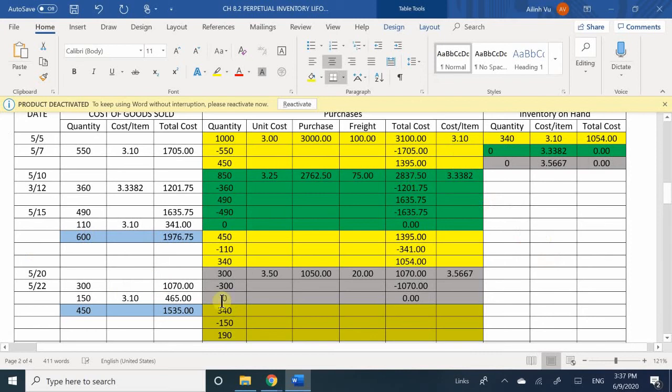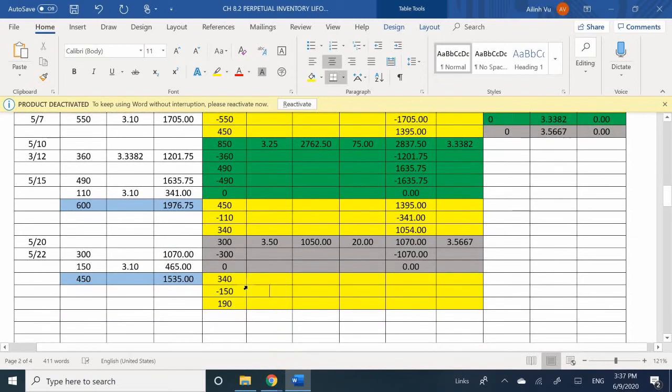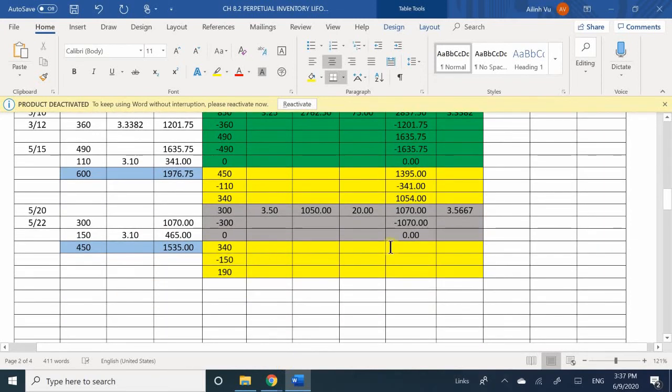Okay. And then now I need to recognize. So if I started out on my yellow batch with 1054, right? 1054. And we need to subtract another 465. How much is our total now? 589.